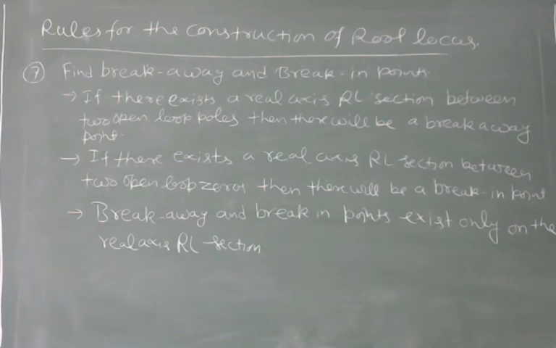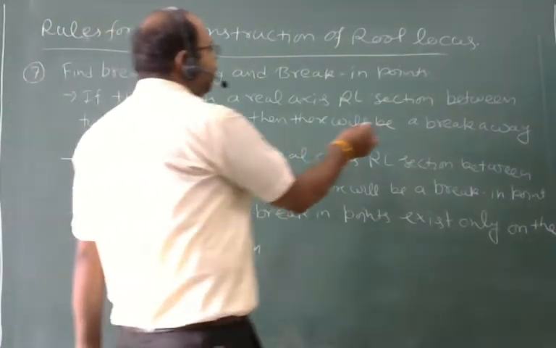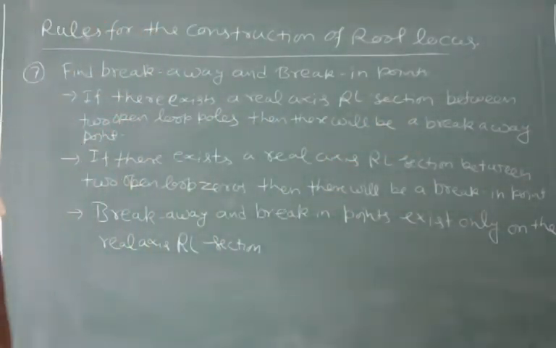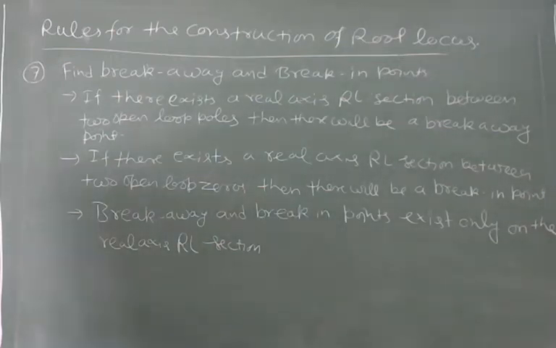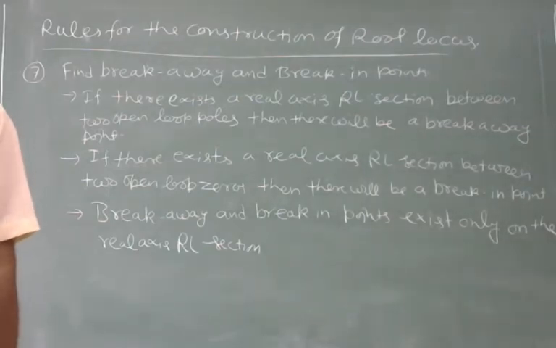If there exists a real axis root locus section between two open loop poles, then there will be a breakaway point. It means the breakaway point will exist only in between two poles, and that only if there exists a root locus section between the two poles, right?